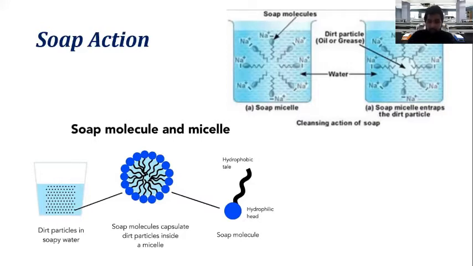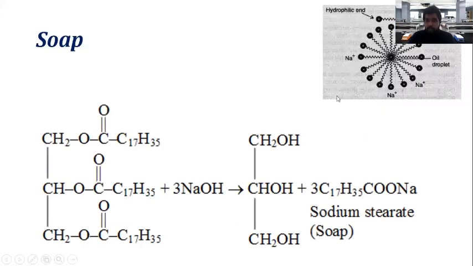Then when there is dirt or oily patches, these soap molecules can form this kind of micelles. So here you can see if there is an oily droplet, this hydrophobic or non-polar tail is attracted to this oily droplet and forms this kind of structure.